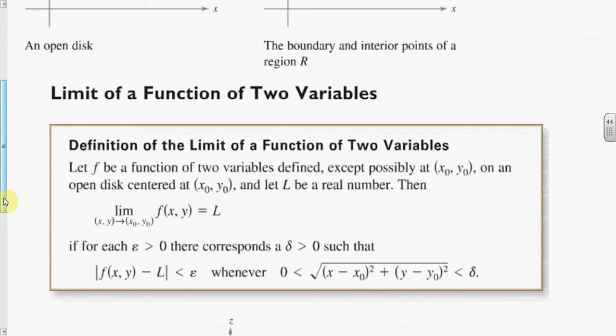That is, if I can find points, interior points within, then it's okay. I can still investigate the limit as x and y approach this center. So we say that this function exists about some center. It may not exist at the center, but about it on some open disk. This open disk has a radius of delta.